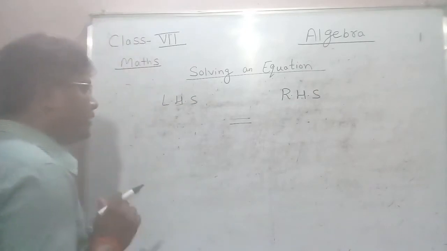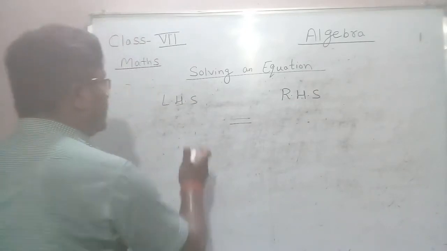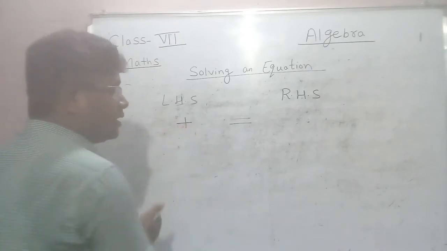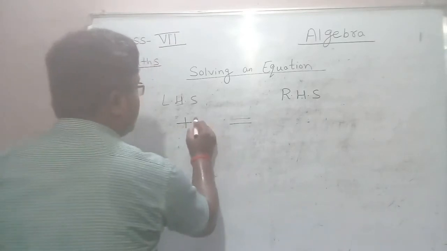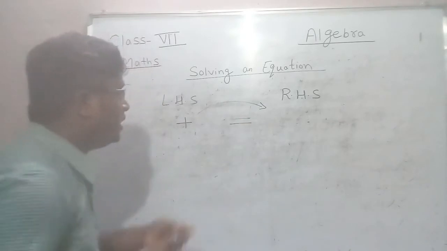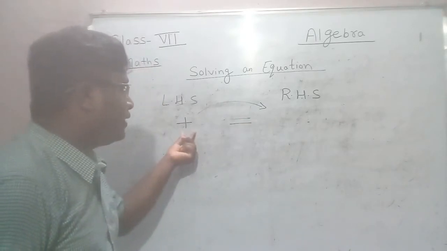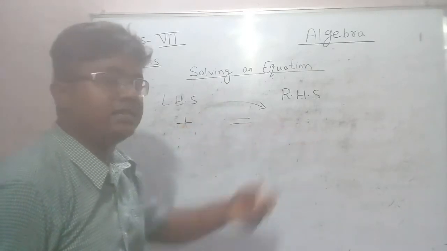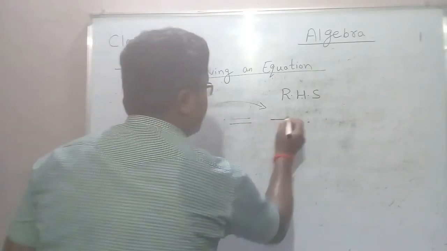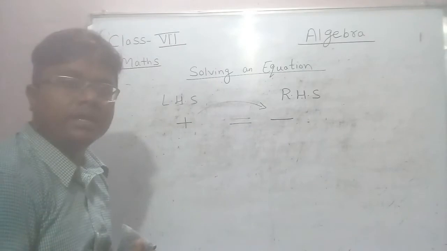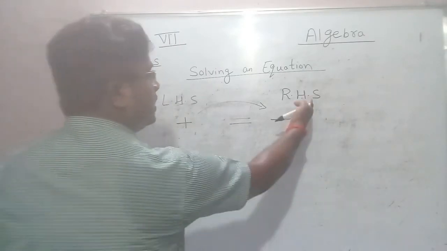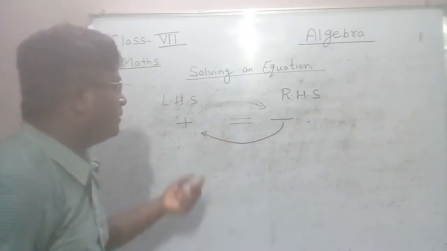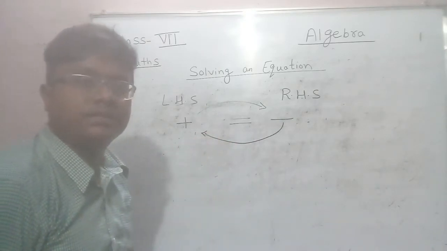For example, if there is plus on the left hand side and you transfer that quantity to the right hand side, then it will be minus. And if it is minus on the right hand side and you take it to the left hand side, it will be plus.